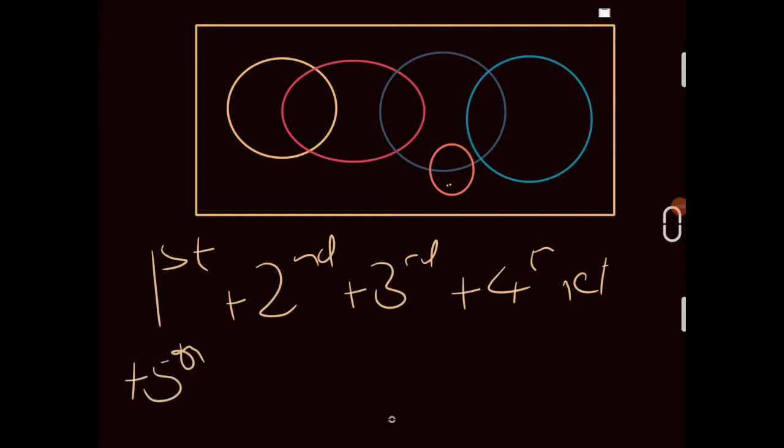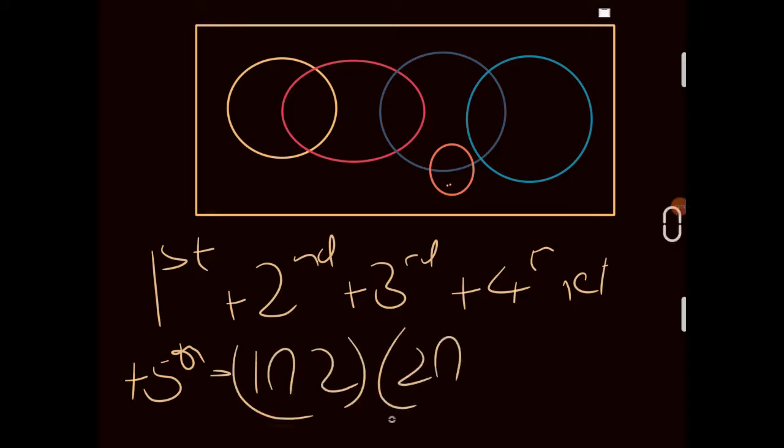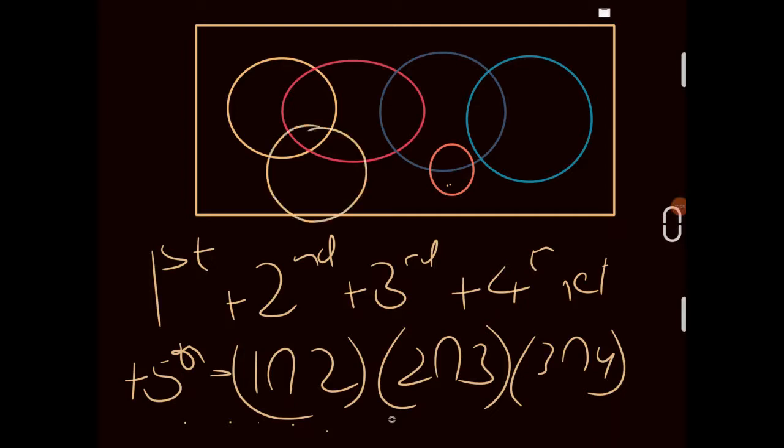minus all the common areas: minus the first set intersection second, second intersection third, third intersection fourth, fourth intersection fifth, and so on. All the intersections we have to subtract.